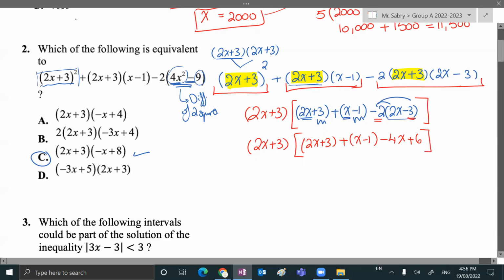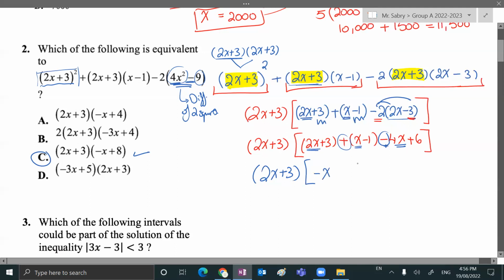Now, when you look at this, there are like terms. So I do have the 2x plus 3 in the first bracket out there as it is, but the other big bracket now has this 2x plus this x and minus this 4x. So 2x plus x is just 3x. 3x minus 4x became negative x.